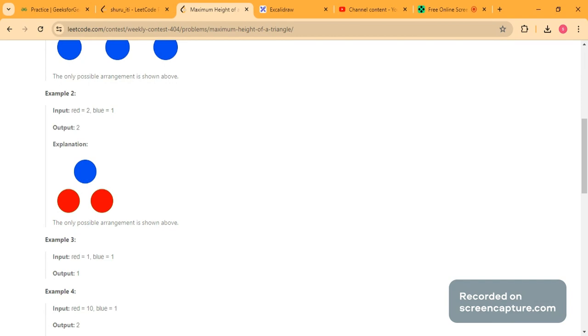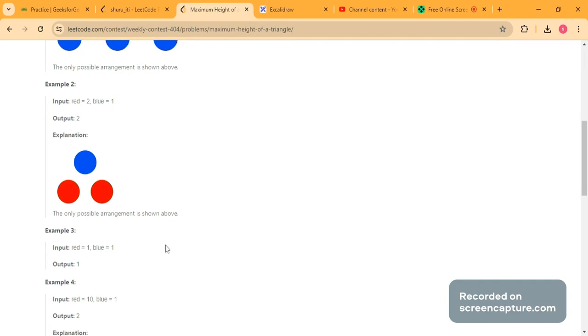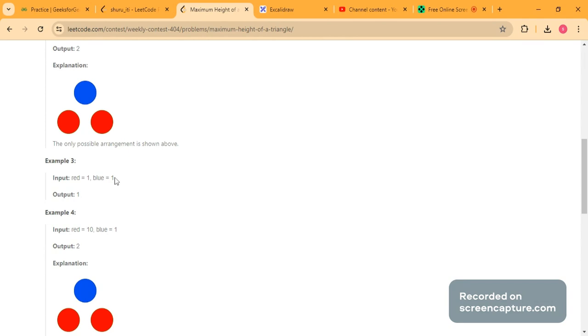But if we use a blue ball as the first row, then we can get a height of 2. So that's why we need to check both conditions: when the first row is blue and when the first row is red. If we have only one red and one blue ball, we can place either of them, but the maximum height will remain the same, that is 1.